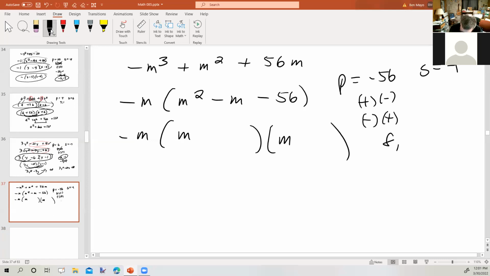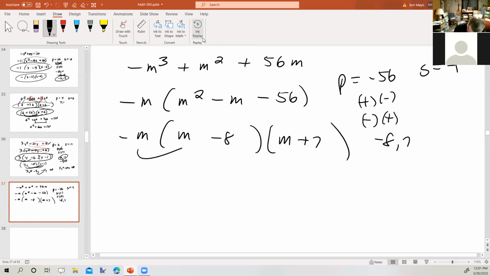How about 8 and 7? Oh, but one of them has to be negative, the bigger one. So negative 8 times 7 is negative 56. Negative 8 plus 7 is negative 1. So there we go. Okay.